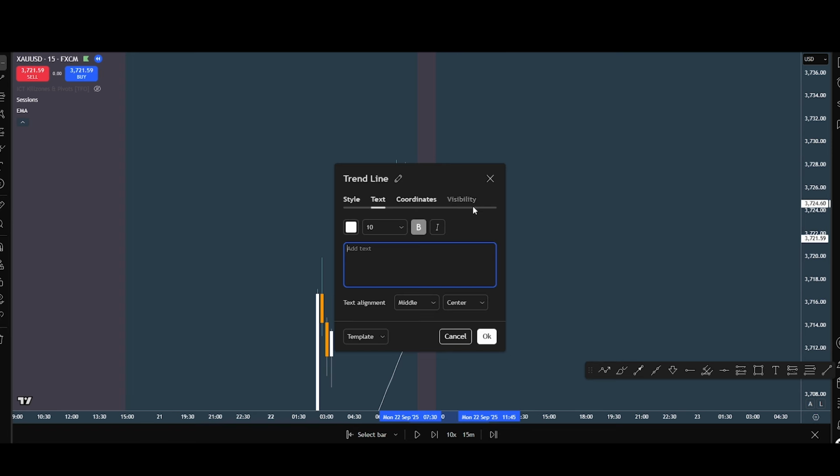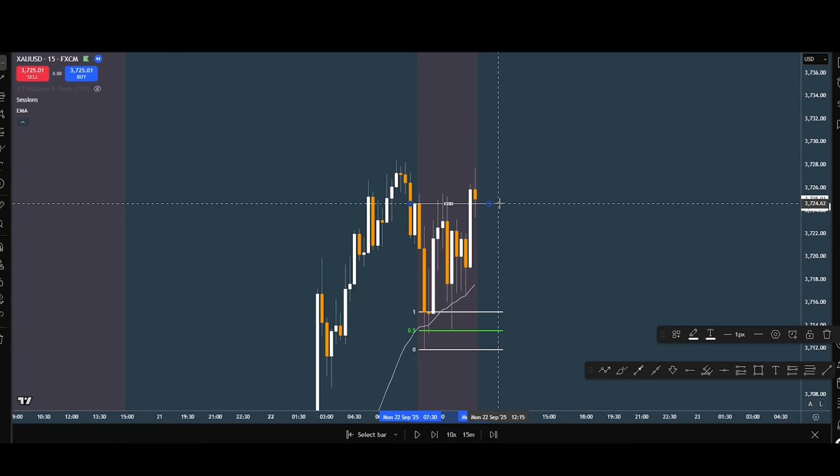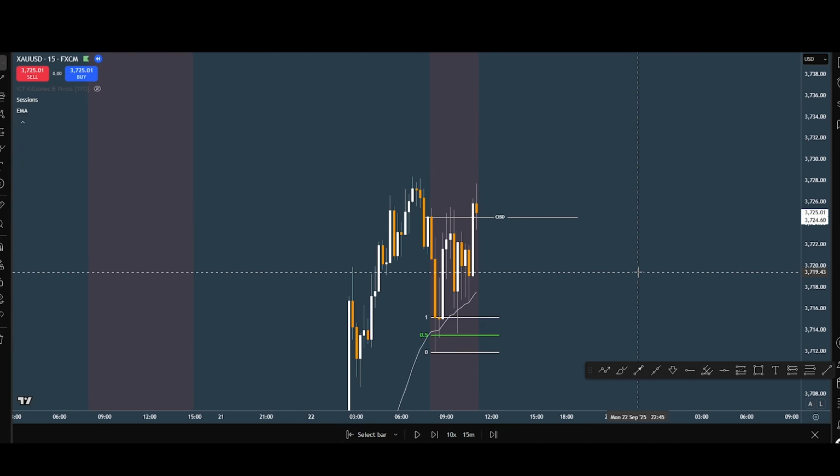But our entry trigger in this model is the break above the swing low origin, which is the opening price of that bearish candle.